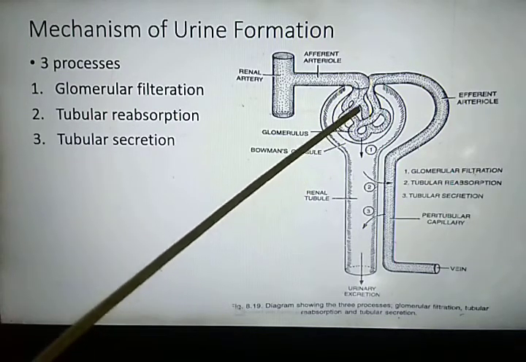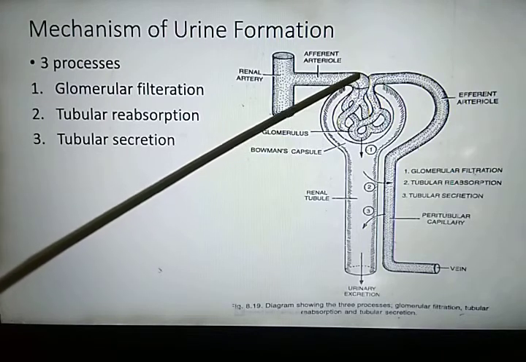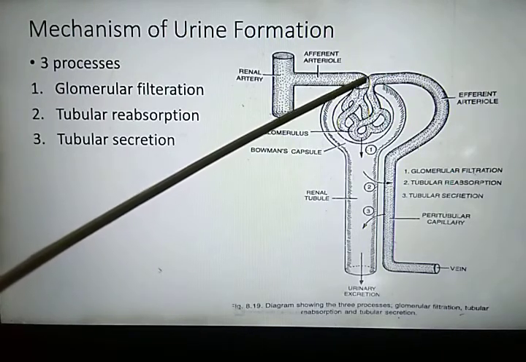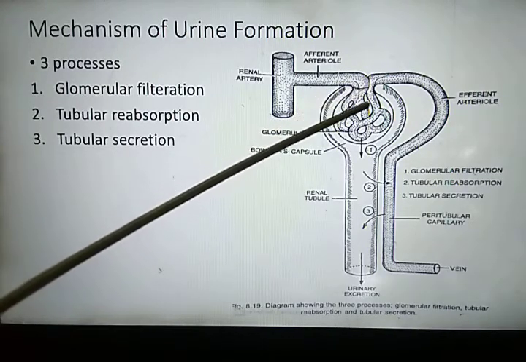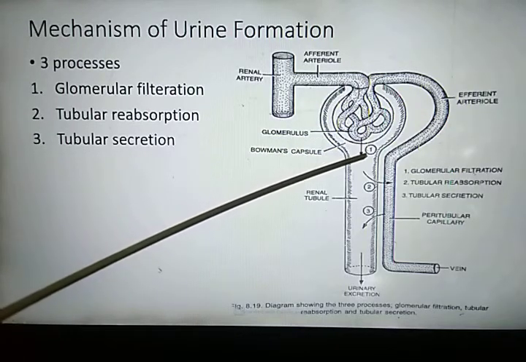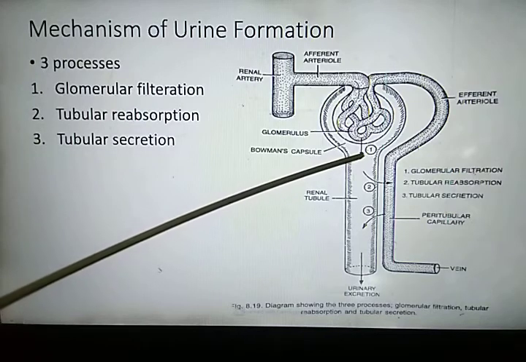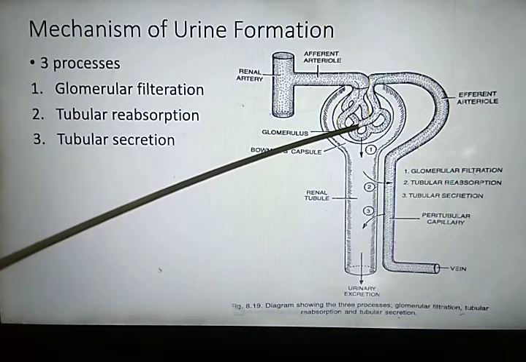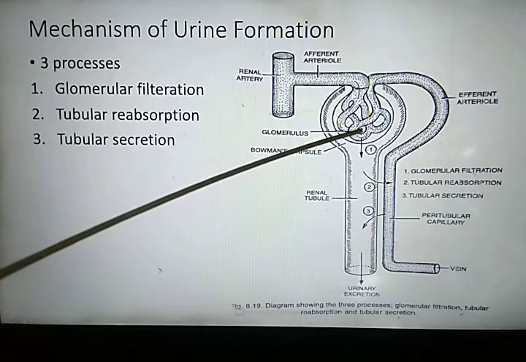Due to this, blood pressure inside the glomerular capillaries increases, due to which fluid containing water and small molecules is forced out of the glomerular capillaries through pores called fenestrae.